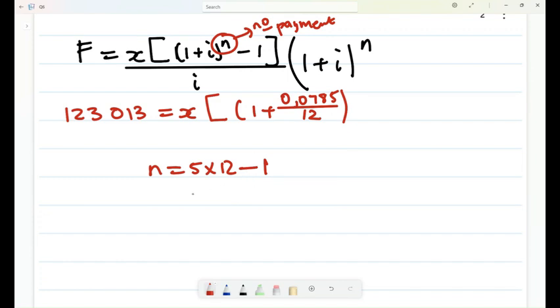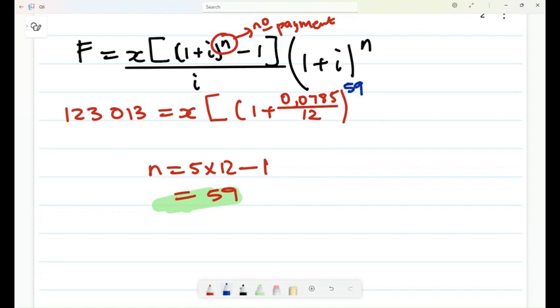So there is this month that they did not pay. So it was going to be 60 minus 1, which is 59. So this is how we calculate the number of payments. And this in the formula does not mean the number of years, rather it means the number of payments. So the number of payments going to be done is going to be how much? 59. This is very important.